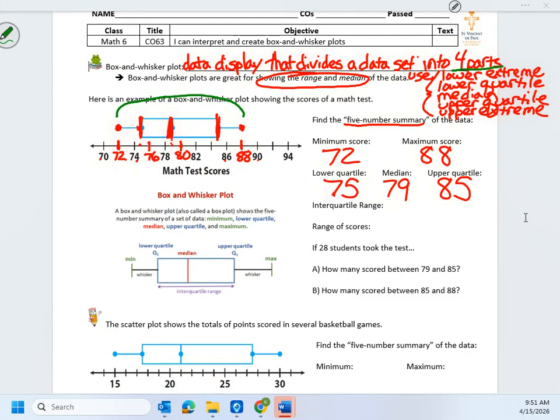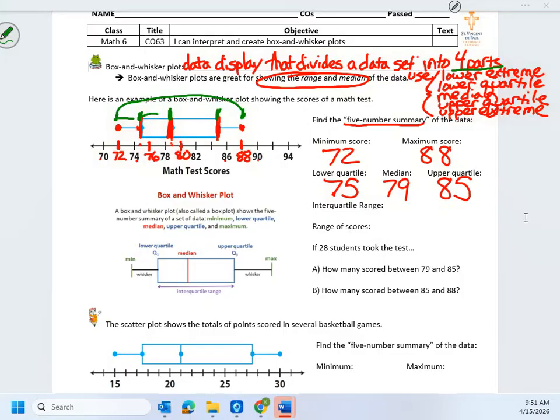So we have the minimum, that lower extreme, to the lower quartile is one section.